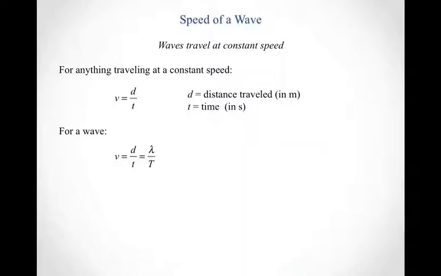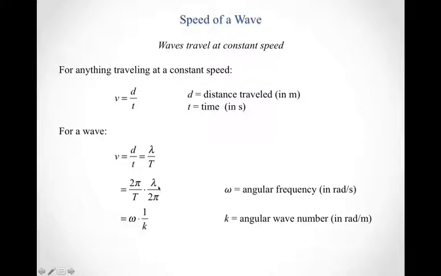Well, of course, I can also take the wavelength and the period, and I know that those are related to k, my angular wave number, and omega, the angular frequency of the wave. And so 2 pi over T, that's omega. 2 pi over the wavelength, that was k. So if I've got this flipped over, this is the wavelength over 2 pi, that's got to be 1 over k.